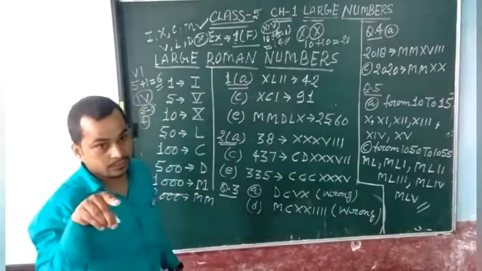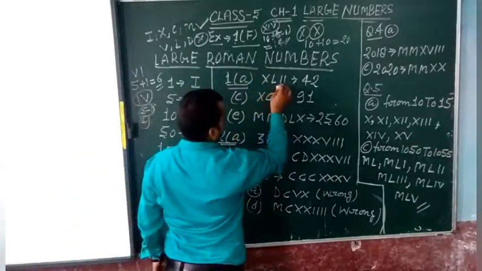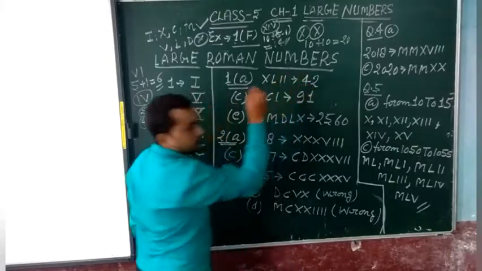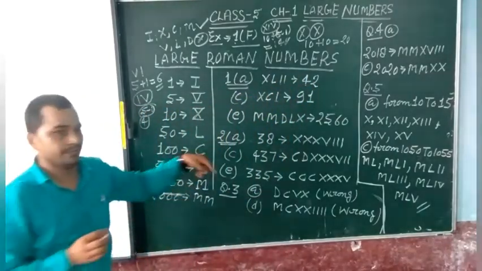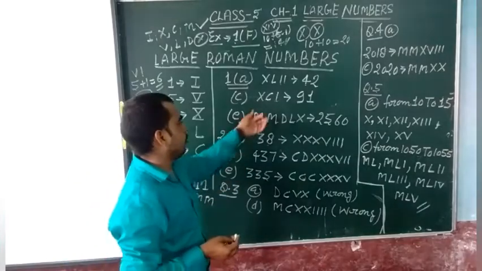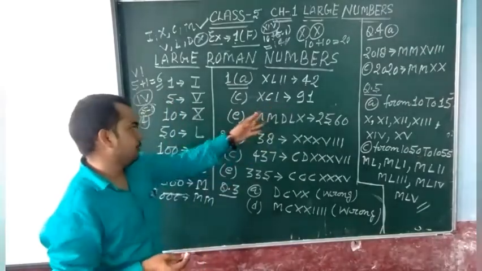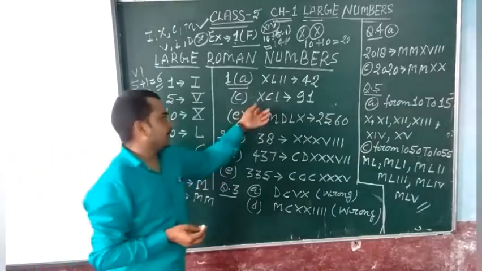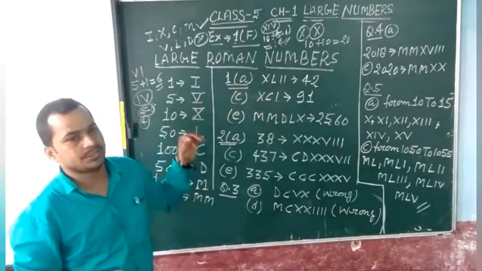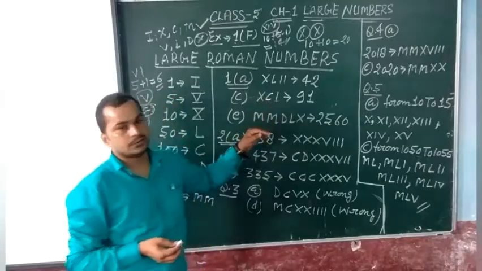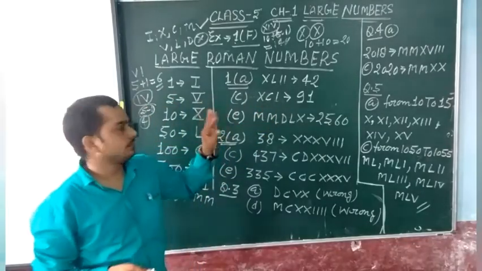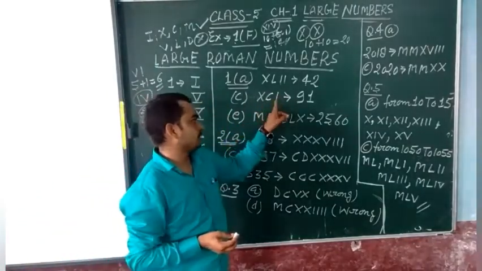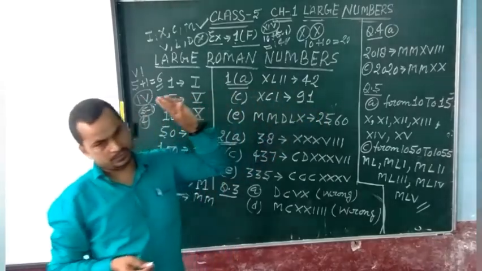Then II, so 41, 42. So we write 42. Now XCI. C is 100, and X is to the left of C, so we subtract, 100 minus 10, so we get 90, plus 1, so 91.